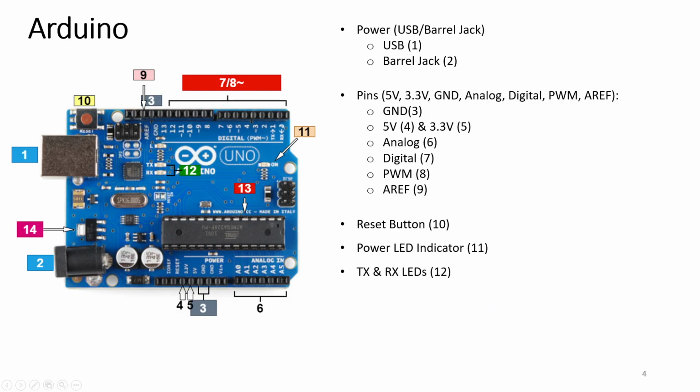The TX and RX LEDs. TX is short for transmit and RX is short for receive. These markings appear quite a bit in electronics to indicate the pins responsible for serial communication. In our case, there are two places on the Arduino Uno where TX and RX appear: once by digital pins 0 and 1, and the second time next to the TX and RX indicator LEDs.